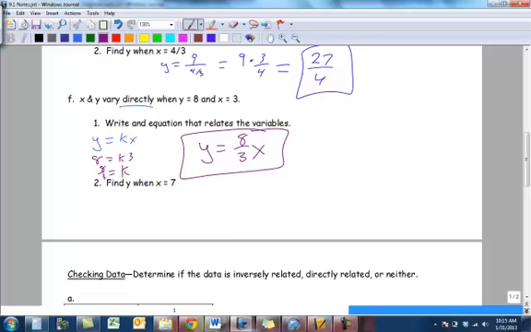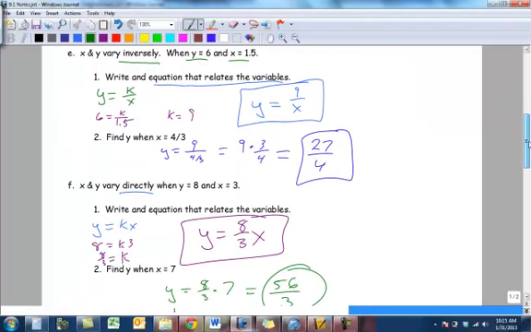So your model is y is equal to 8/3 x. All right, so find y when x is 7. Y equals 8/3 times 7, which is 56/3. Right? So this is a review of stuff. We've seen this before. The only thing is we have a new thing, inverse.